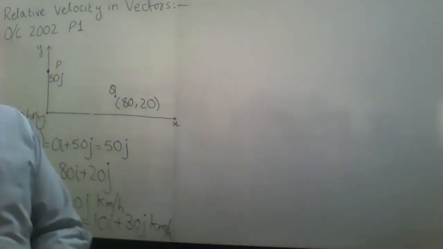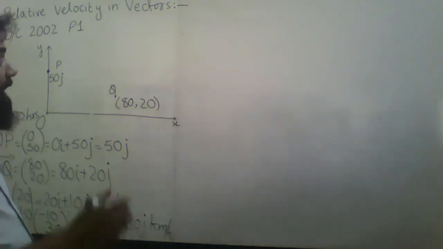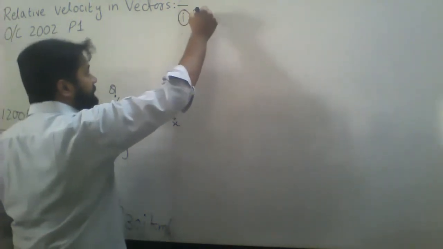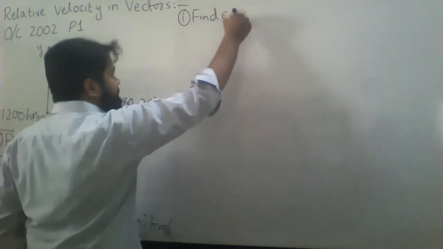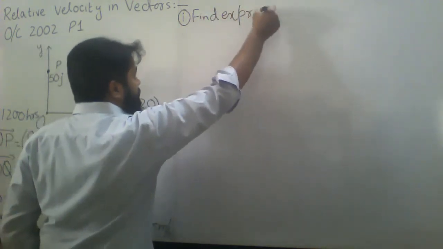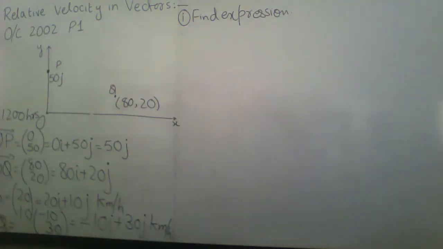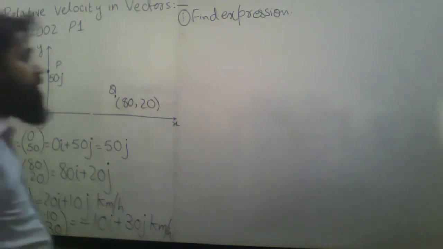Now let's go to the A part of the question. They are saying to find the expression. Okay, I have to get the expression. Expression for what? Find the expression for the position vector of P and the position vector of Q at time t hours after 12.